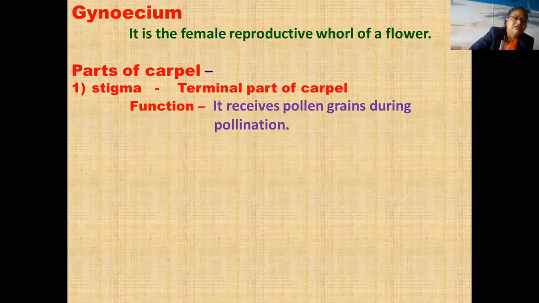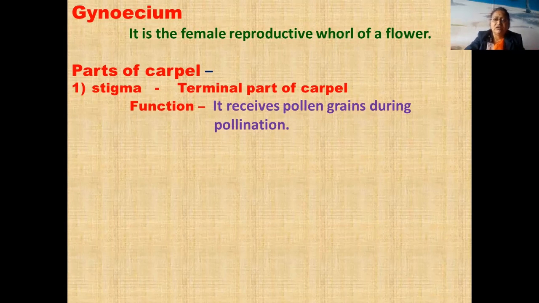As there are 3 parts, stigma, style, ovary, the condition of carpel can be many carpels, a single carpel, or 2 carpels. If there are many carpels, from the stigma lobes we can know how many carpels are present.